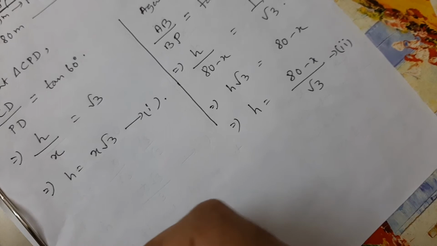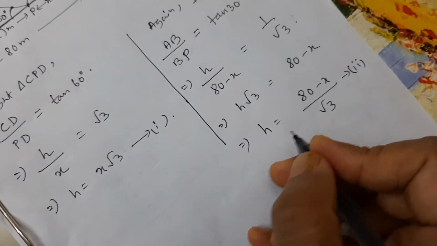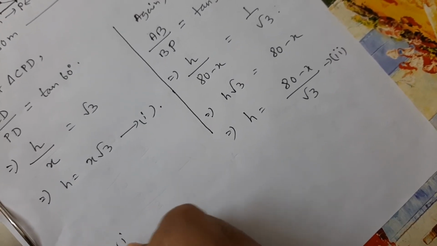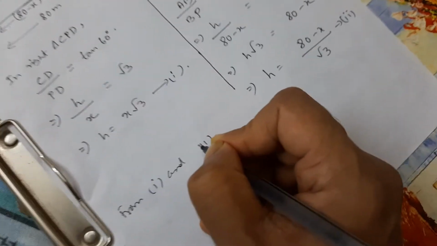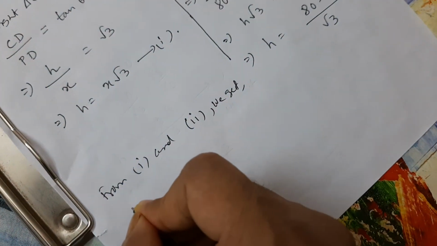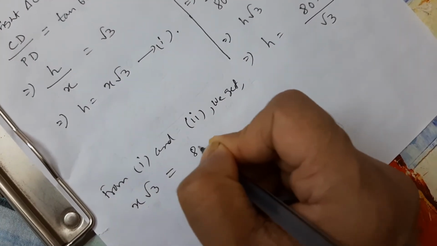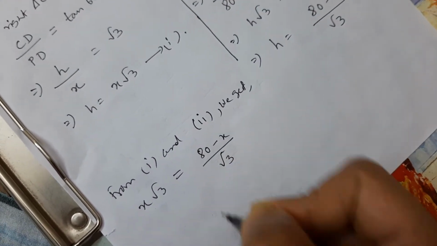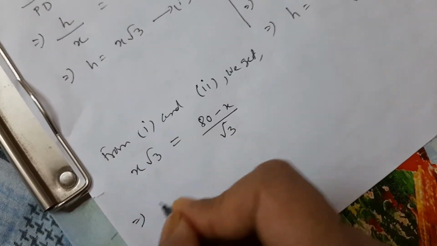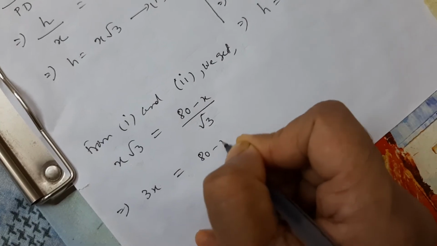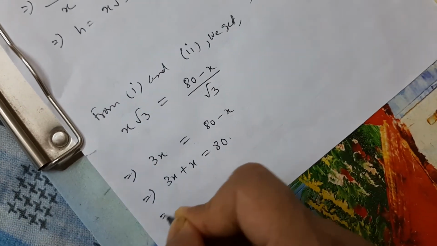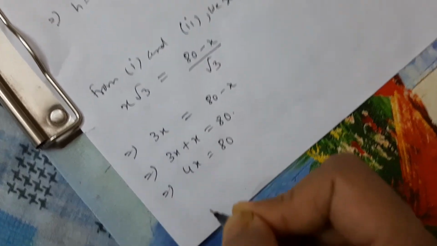Now from 1 and 2, both are h, so the right sides are equal. From 1 and 2 we get x root 3 equals (80 minus x) by root 3. Cross multiply: root 3 into root 3 is 3, so 3x equals 80 minus x. 3x plus x equals 80, 4x equals 80.